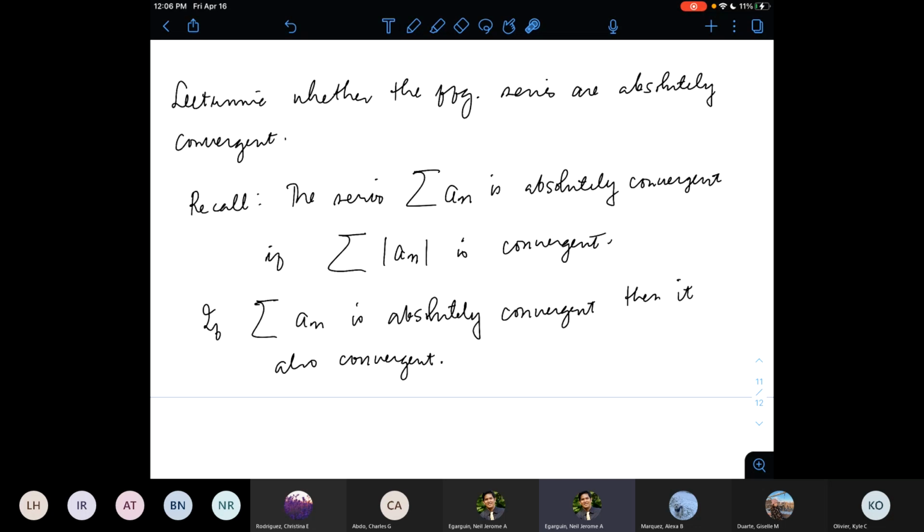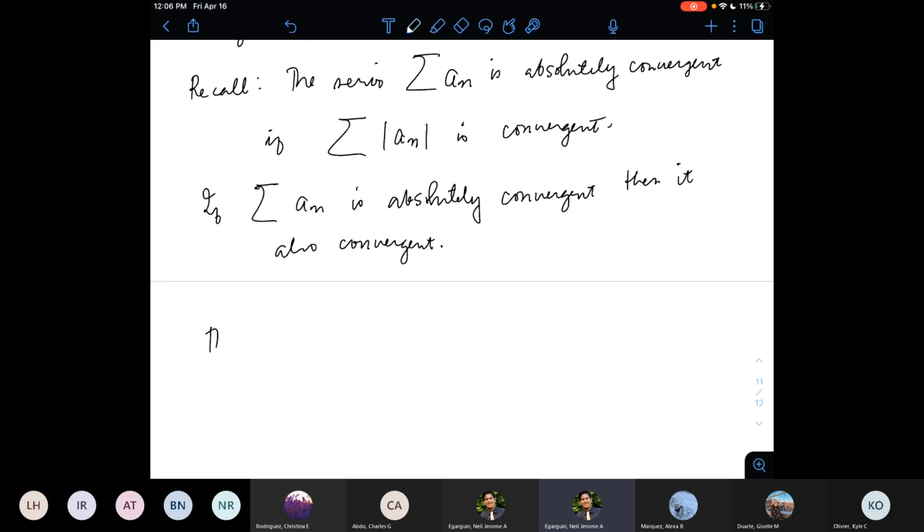It's easy to see why: absolute convergence means the series with the absolute values is convergent, and this second series is larger because it has absolute values, so we are guaranteed to always get a bigger sum. If that is convergent and our series is smaller than a convergent series, then by direct comparison, our series is also convergent.